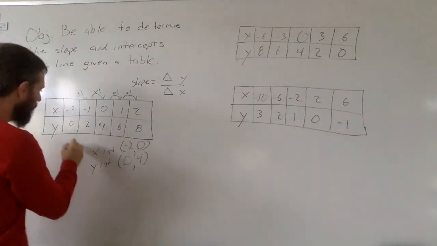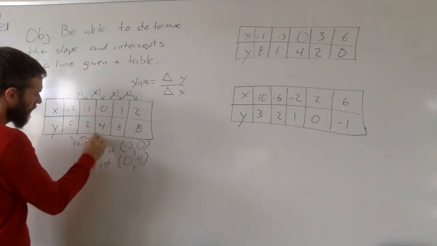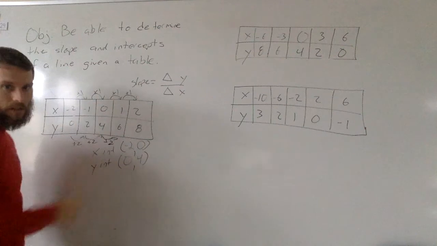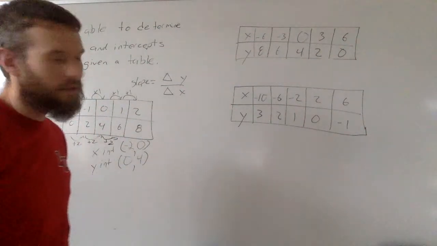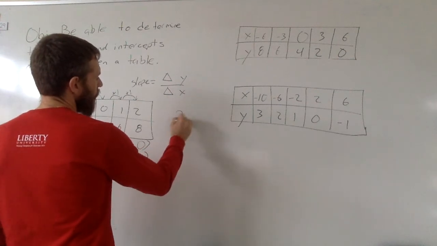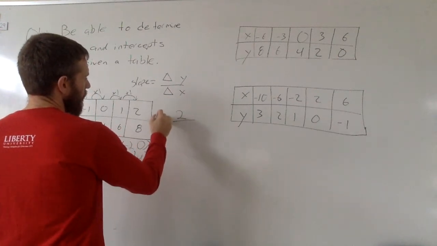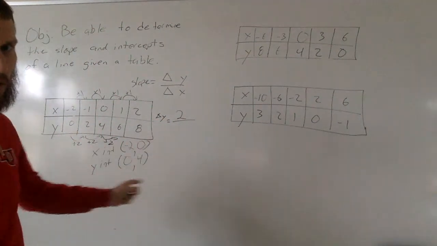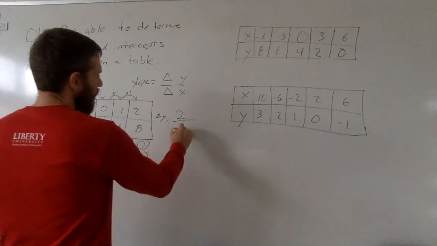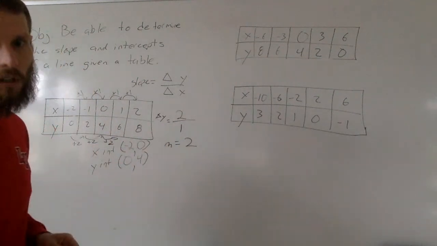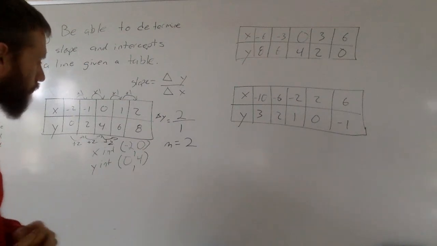Our y is adding 2 each time. So as x increases by 1, y increases by 2. The change in y is 2 each time. The change in x is 1. So our slope is 2 over 1, or simply 2.